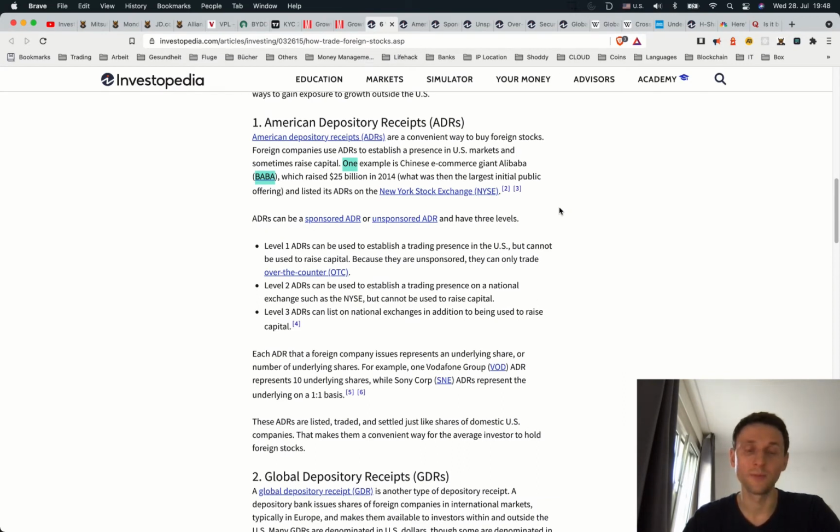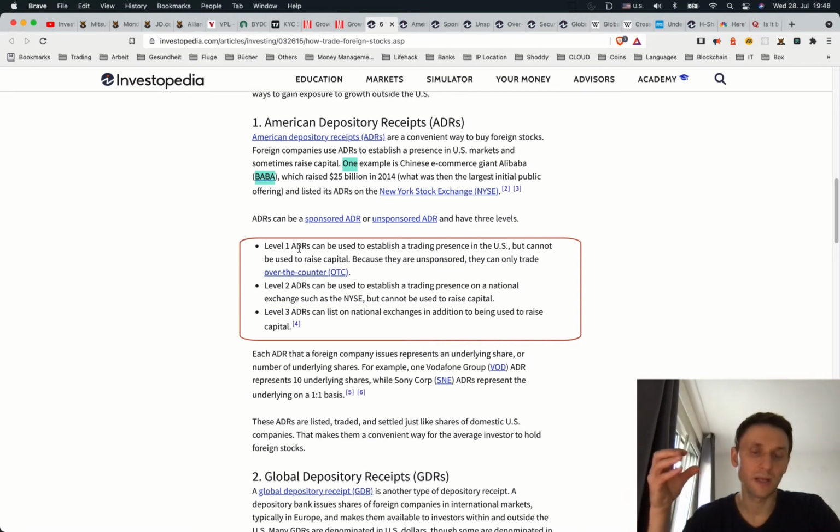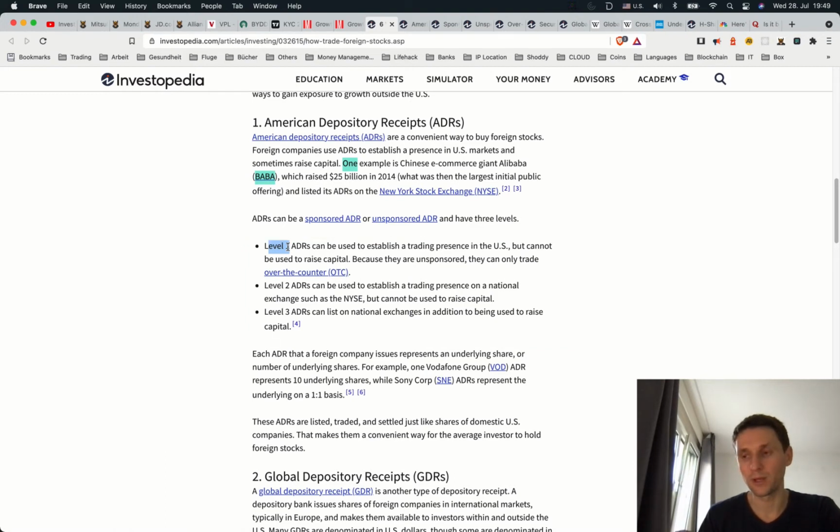So guys, you got an idea of what an ADR is, but unfortunately the topic is complex, and it's not over. We have different types of ADRs, and if we're talking about sponsored ADRs, we have 3 levels for that. So if a foreign company has an ADR of type 1 or level 1, it means shares of this company can be traded in the United States only over the counter.